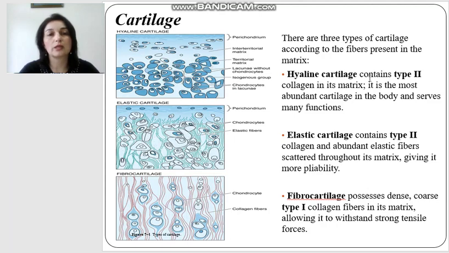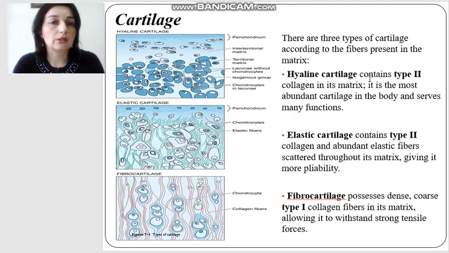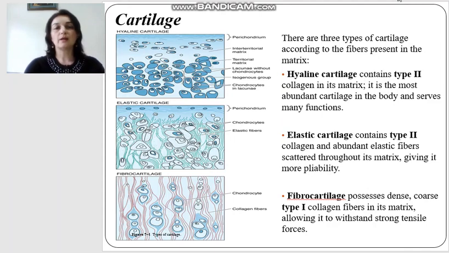Now let's come to the supporting tissues of the human body. That is also a type of specific connective tissue, that is the cartilage. You know that cartilage is a supporting tissue which is devoid of nerve endings and blood vessels, so it is avascular.